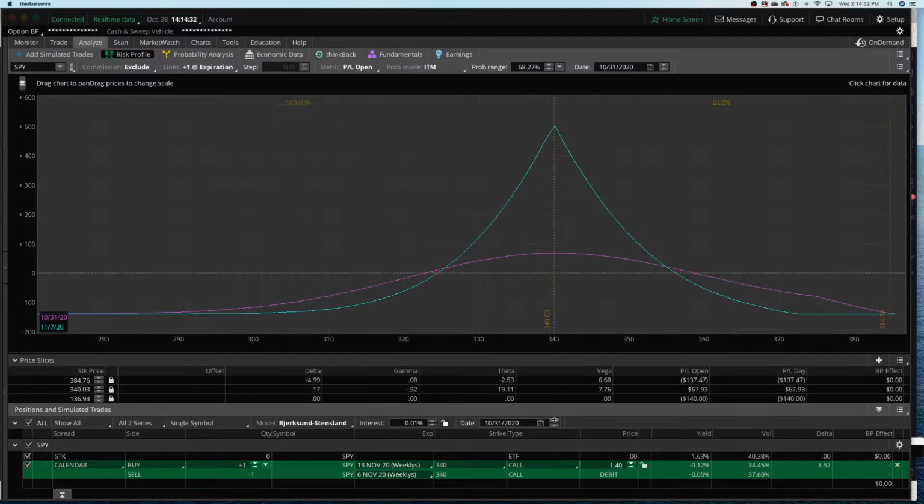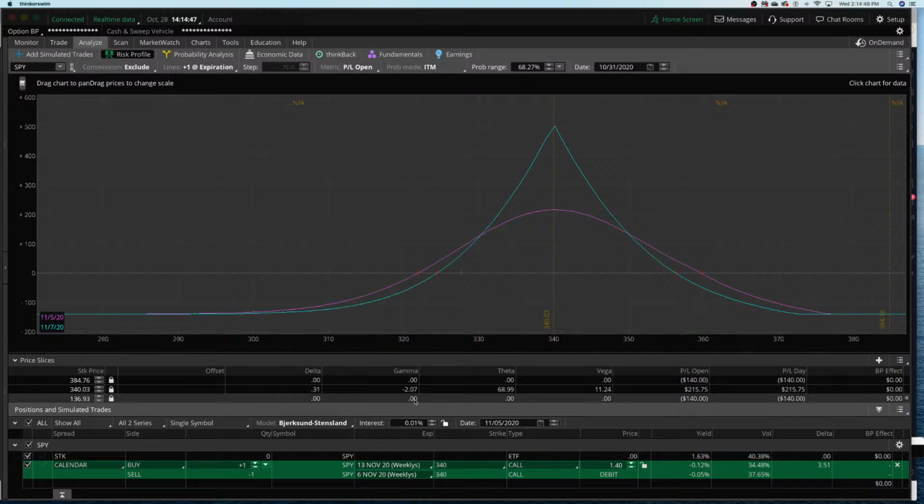All right, so as we get closer to that date, you can see the intrinsic value rise. So this is assuming that we're working on that idea.